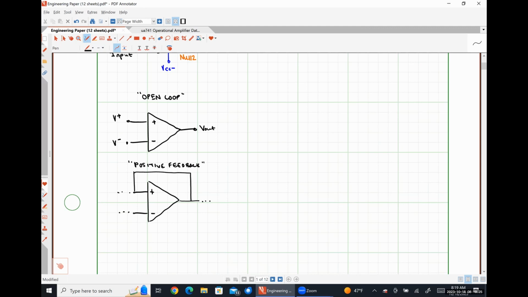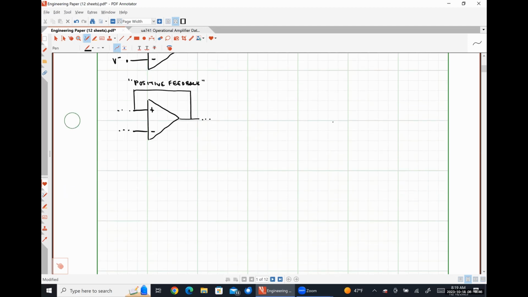And realistically, we would probably put some sort of resistance between the non-inverting input terminal and the output terminal. It doesn't necessarily have to be a resistance. It can literally just be a wire, but for biasing purposes and all that kind of good stuff, it will very likely be a resistor. So when we connect the non-inverting input terminal to the output terminal, we have positive feedback. If we connect the inverting input terminal to the output terminal, we have negative feedback.